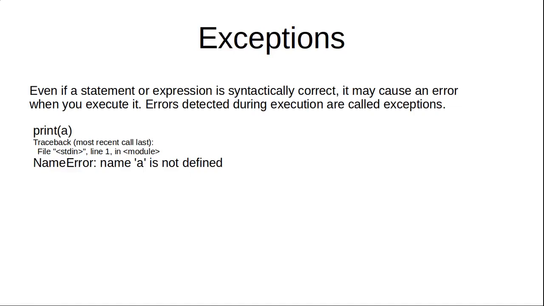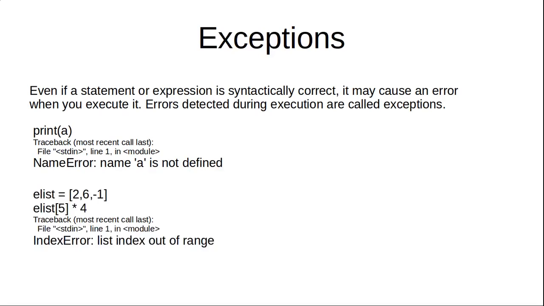Exceptions. Even if a statement or expression is syntactically correct, it may cause an error when you execute it. Errors detected during execution are called exceptions. For example, print A raises a name error if you want to print a variable that you did not define yet, and prints name A is not defined.